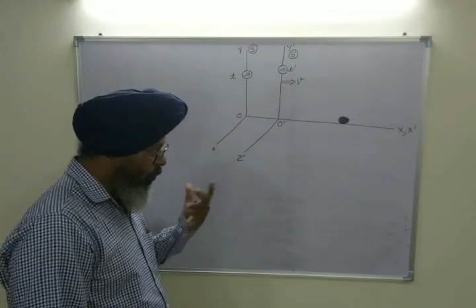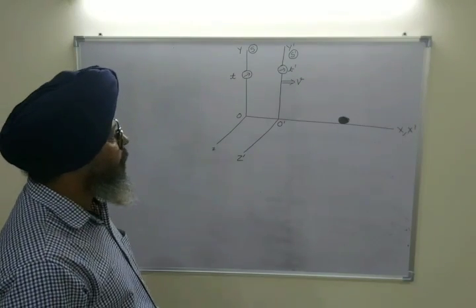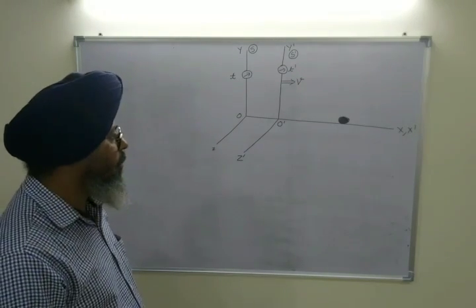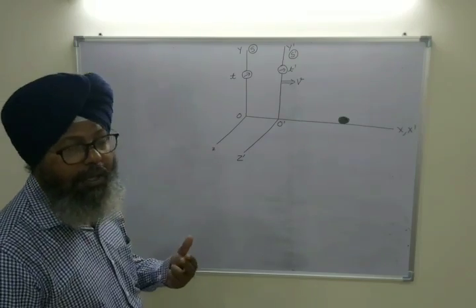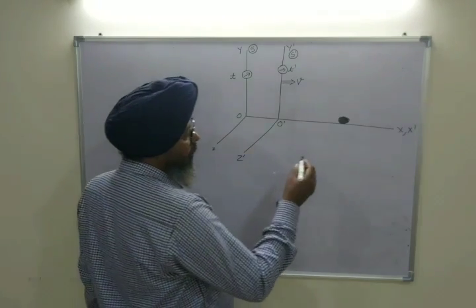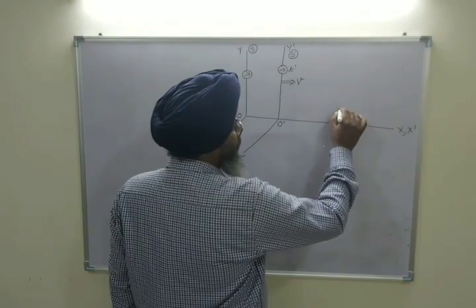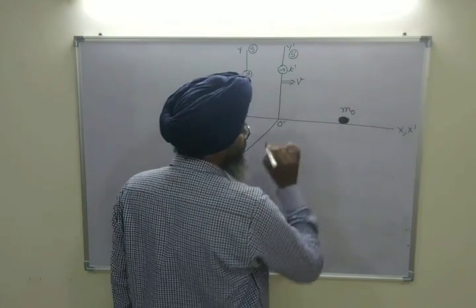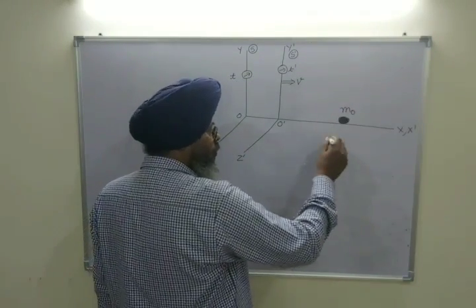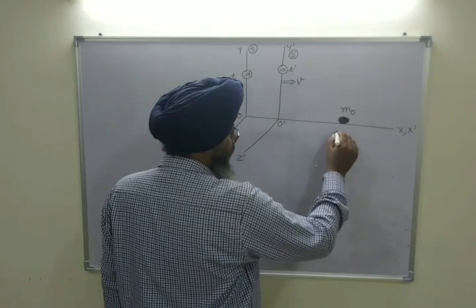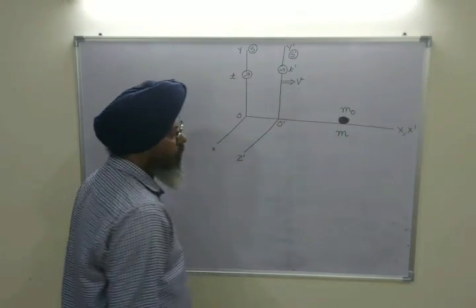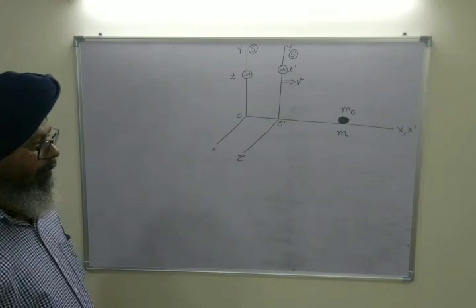Since it is in motion in the frame S, therefore its mass in S cannot be same as the mass in S dash. In S dash, the object is assumed to be at rest. Let us say the mass of the object in S dash is m0. Same object will show a heavier mass, and let us say its mass in motion in S frame is m.